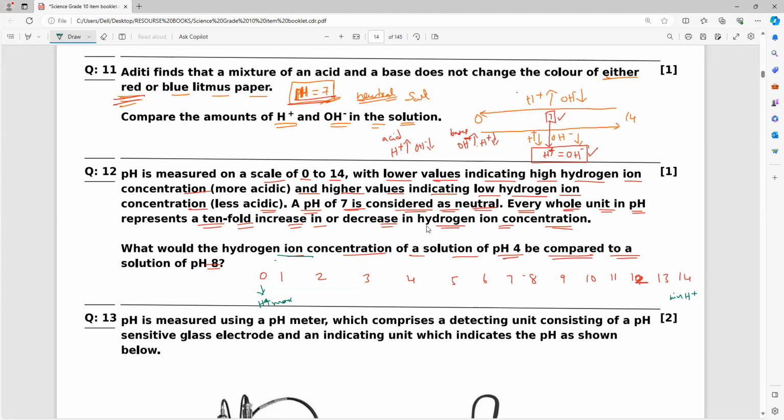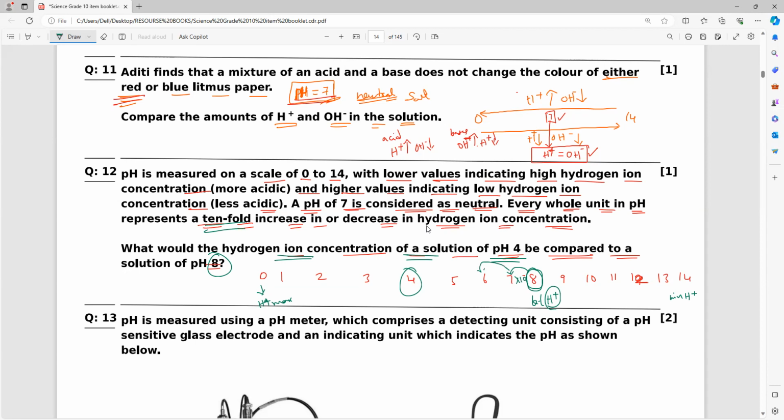What would be the hydrogen ion concentration of a solution of pH 4 compared to a solution of pH 8? Check pH 4 and pH 8 alone. Let the amount of H plus ions here be some X. From here to here, it increases tenfold, meaning times 10.